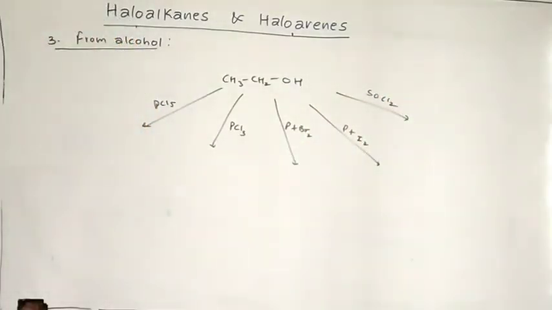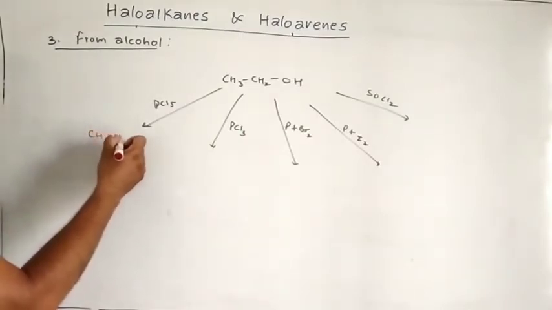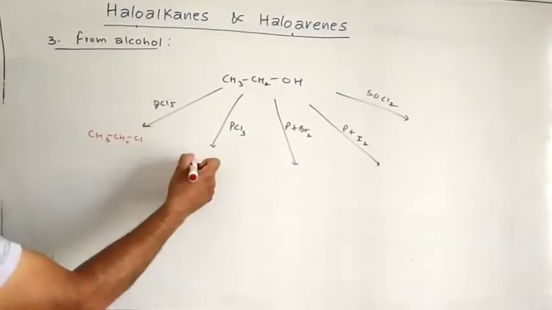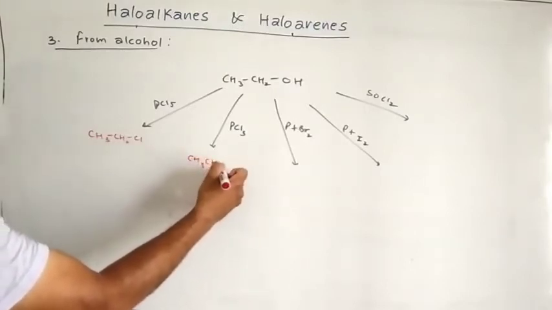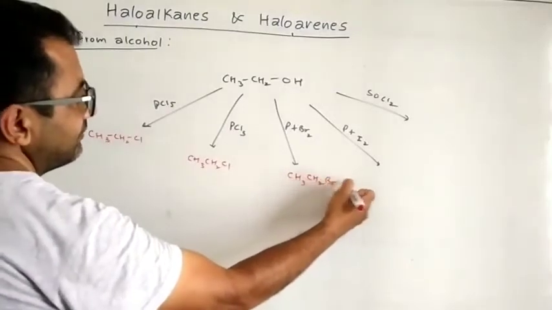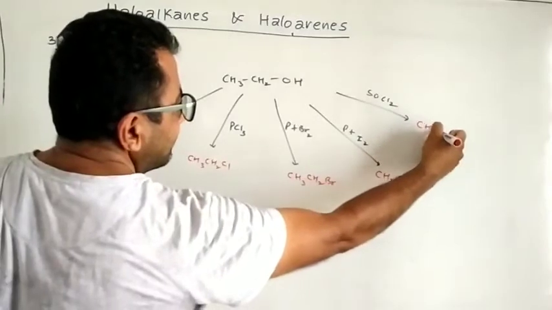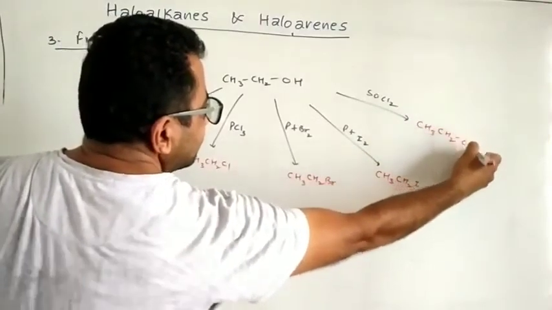In all cases we get alkyl halide, like CH3CH2Cl here, CH3CH2Cl here, CH3CH2Br here, CH3CH2I here, CH3CH2Cl here.